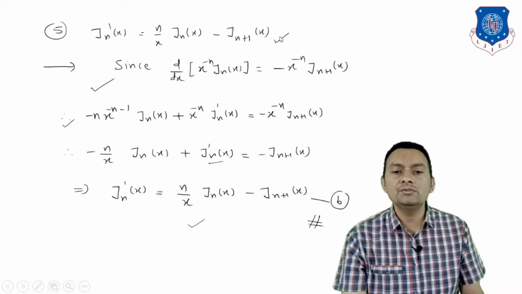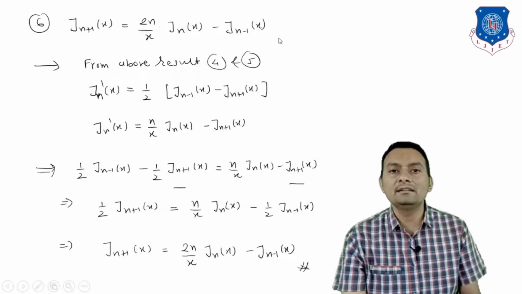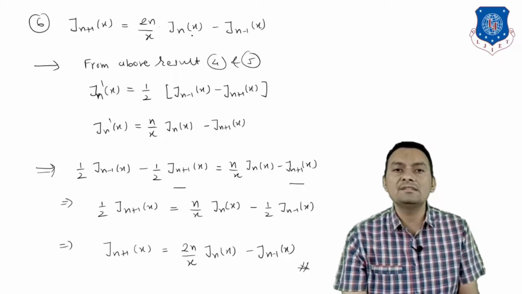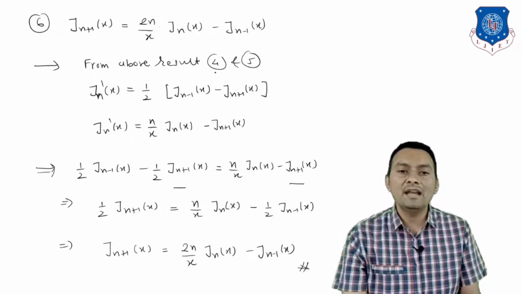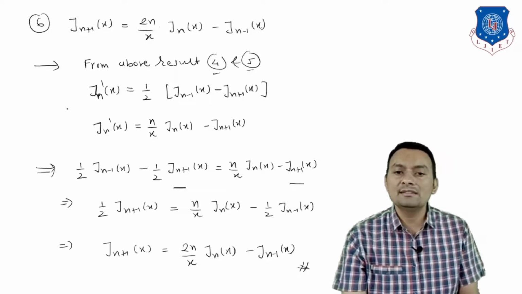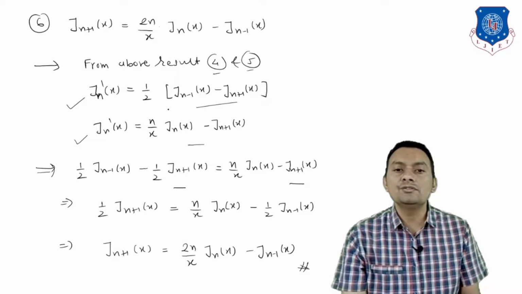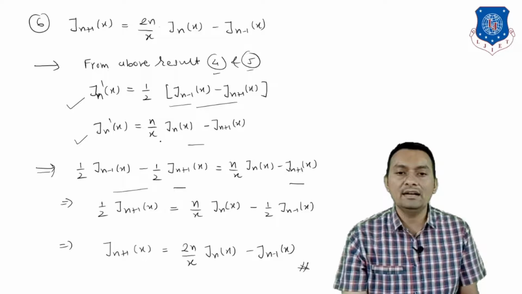Now I'm just going to use this result in the next upcoming result, that J n plus 1 x is equal to 2n divided by x times Jn x minus J n minus 1 x. So whatever we have, result number 4 and 5, so this is result number 4, that Jn dash x is equal to this one formula, and again we have the recurrence relation, that Jn dash x is equal to this one. So from this we can compare both these results. So this is the left hand side and whatever I have written over, that is the right hand side.